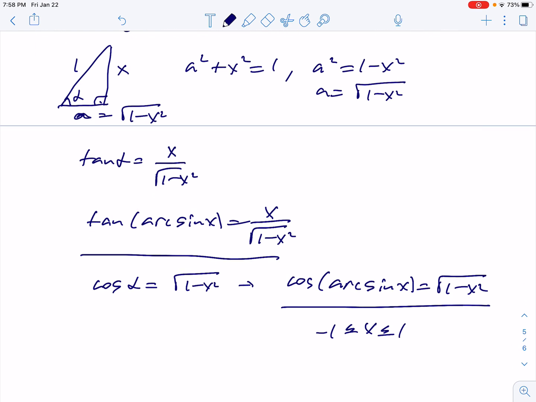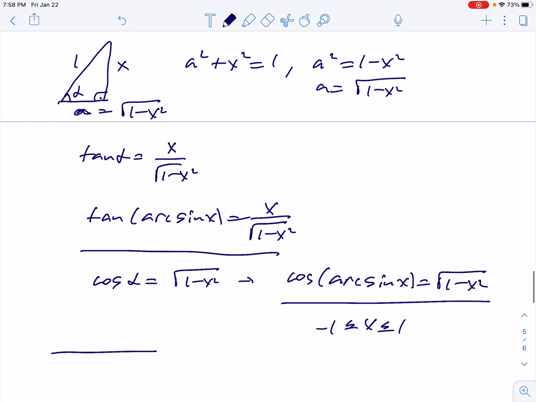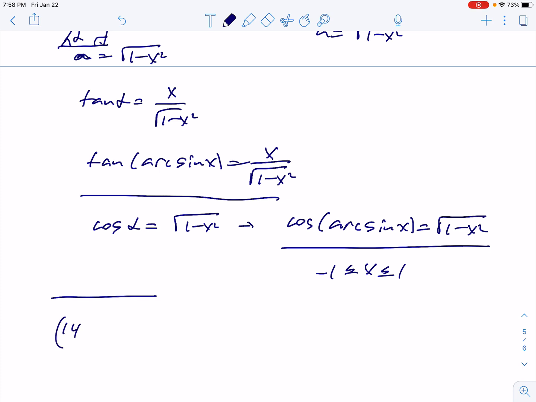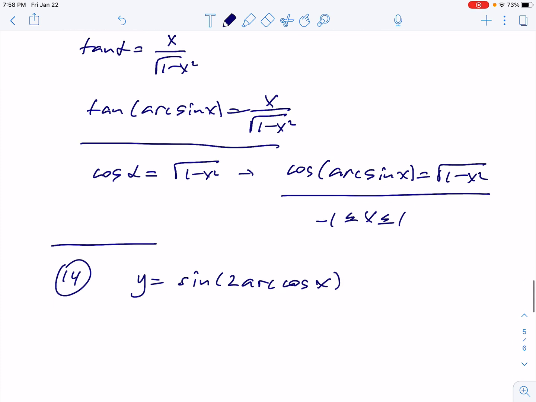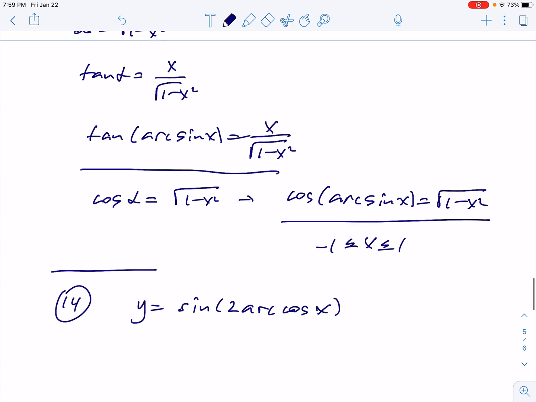And let's finish with one more. This will be number 14. Evaluate y, which is sine of 2 times arc cosine x. What to do here? Well, again, we have to remember trigonometric identities.